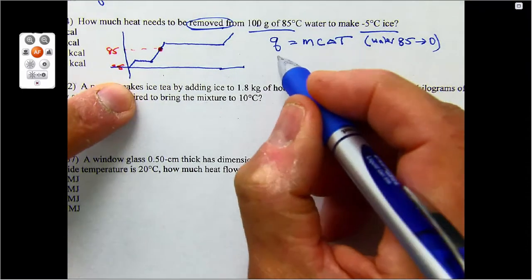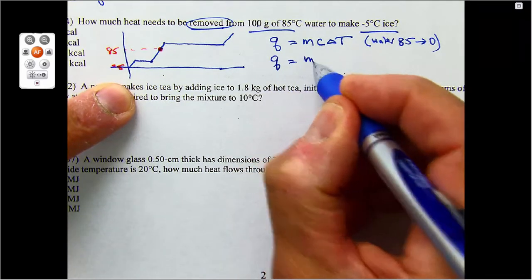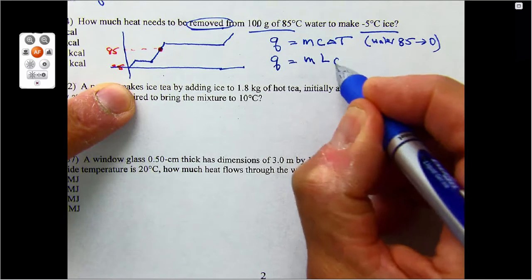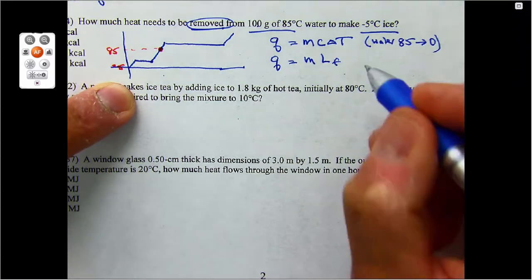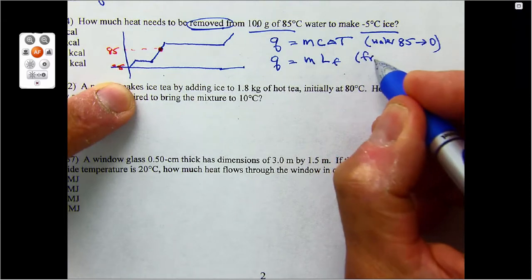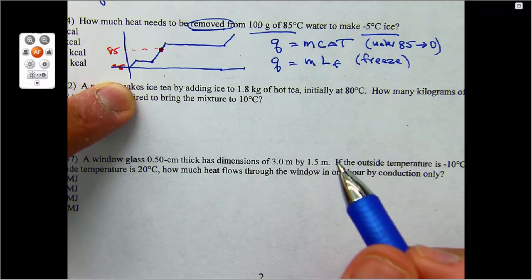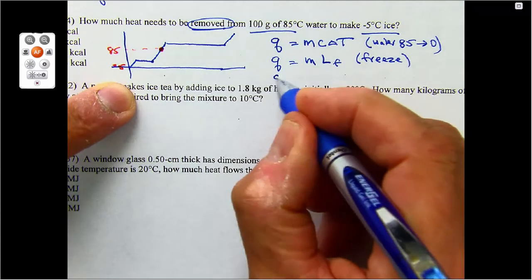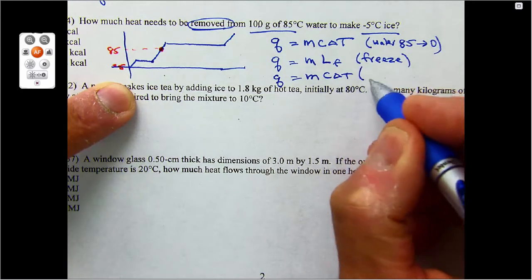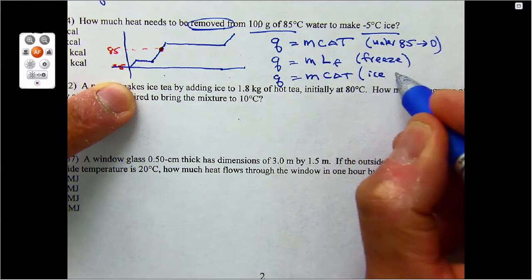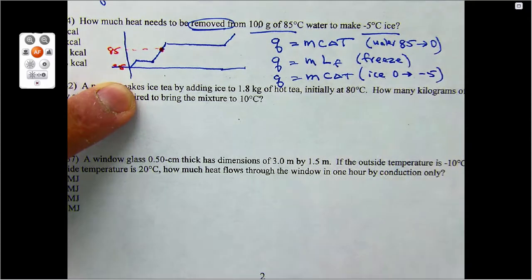Then you need to freeze it. Then you're going to have Q is equal to M times the enthalpy of fusion. All right? Well, you still have to do that in the last step. So this is going to be Q is equal to MC delta T, and this is going to get you ice at 0 to -5.